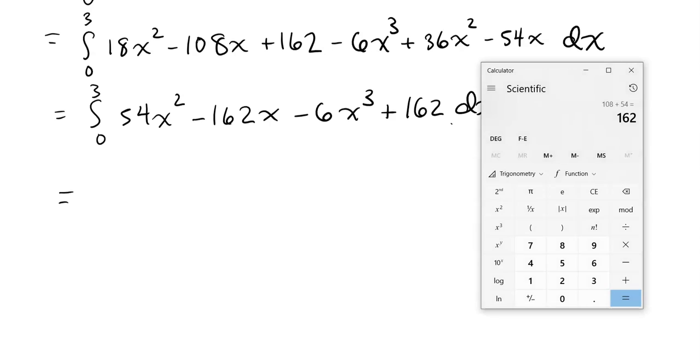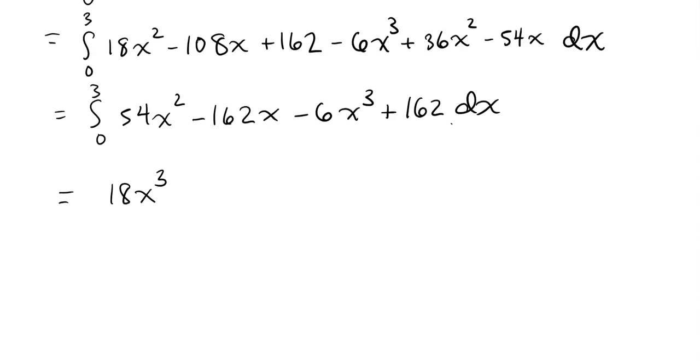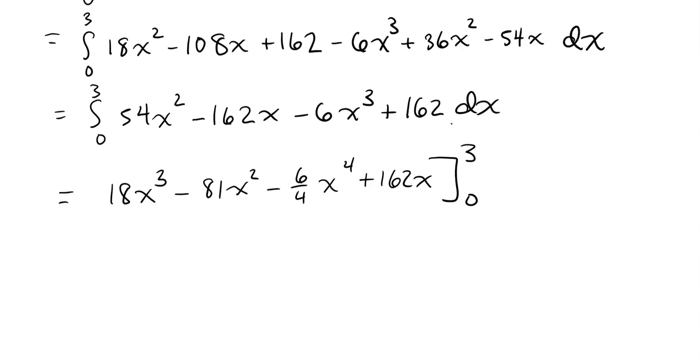So 54 divided by 3 is 18x cubed, and then we'll have minus 162 divided by 2 is going to be 81x squared, and then we'll have minus 6 over 4 x to the 4th, and then plus 162x, and we're going to evaluate that from 0 to 3.